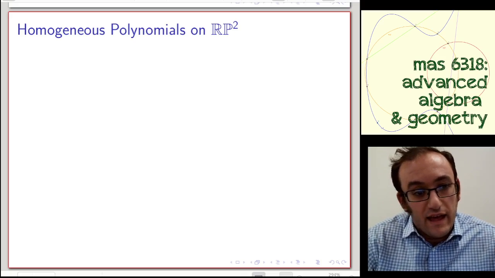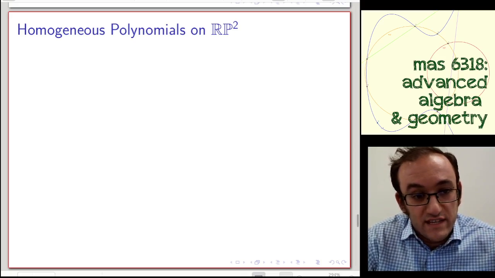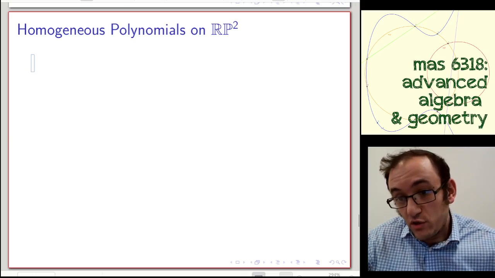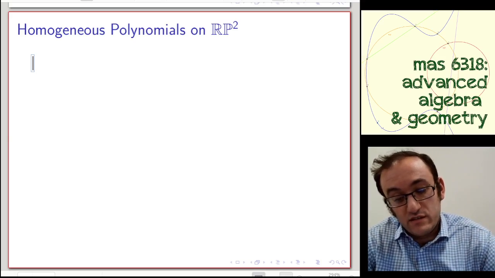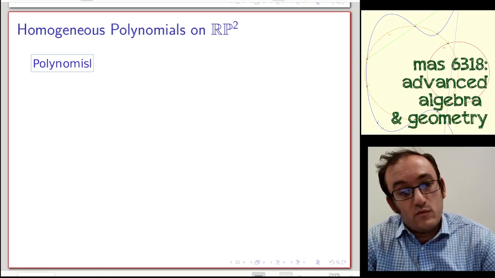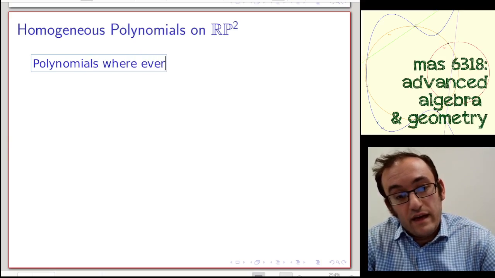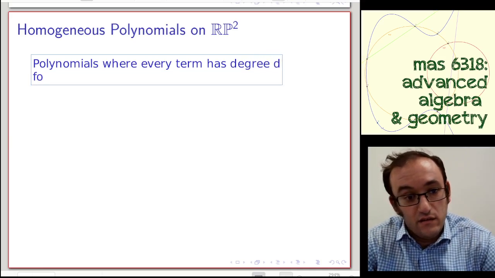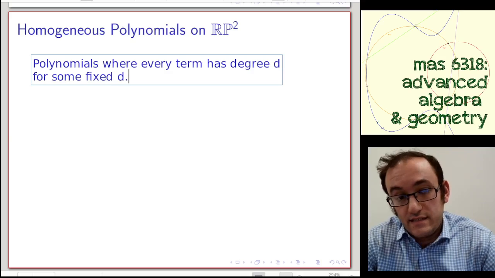Okay. And an interesting side effect of this is that we can talk about homogeneous polynomials in the real projective plane. So these are polynomials where every term has degree d for some fixed d.